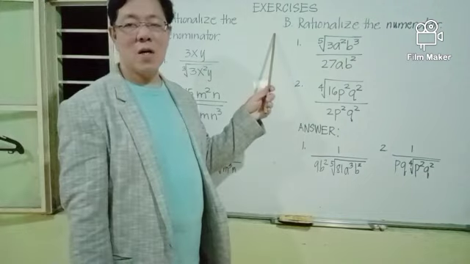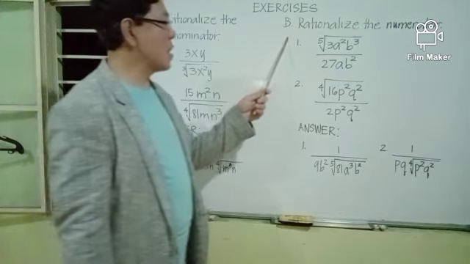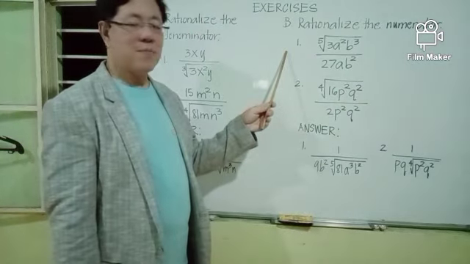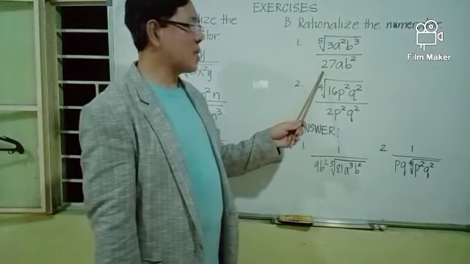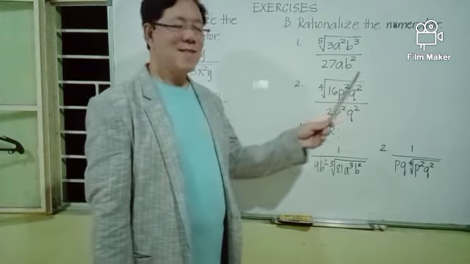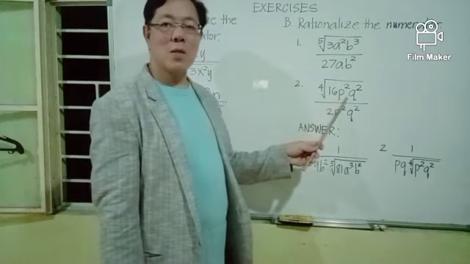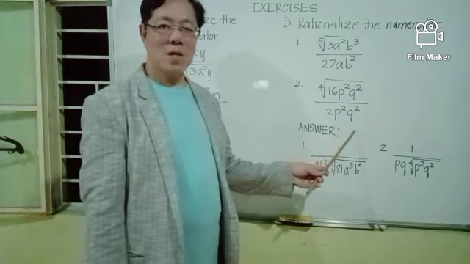The second part of your exercise, you are asked to rationalize the numerator. In number 1, we have the fifth root of 3a squared b cubed over 27ab squared. In number 2, the given is the fourth root of 16p squared q squared over 2p squared q squared.